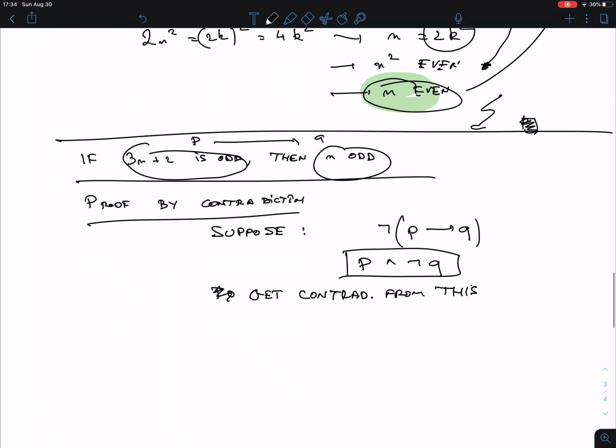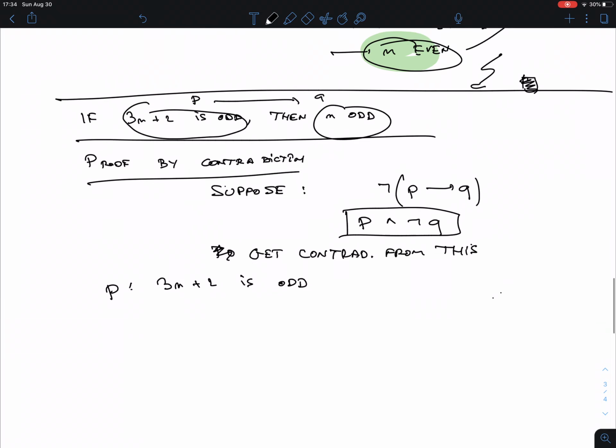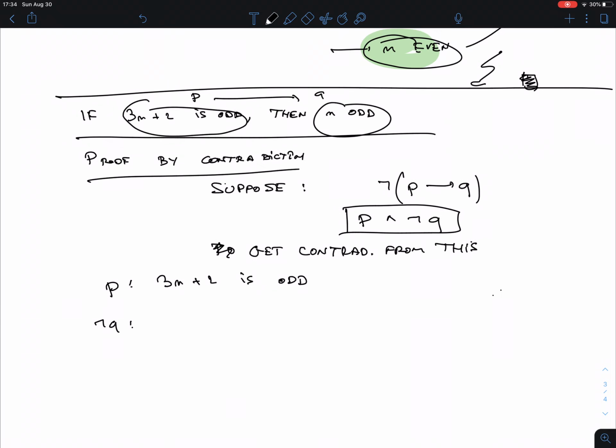P is true. So P says that 3n plus 2 is odd. And what is Q? Not Q says that n is even, right? Not odd. I know what this means. It means that n is 2k. Now, I also know what the top one means, but as you see, writing out what that means is not going to help me. But using this is going to help me.